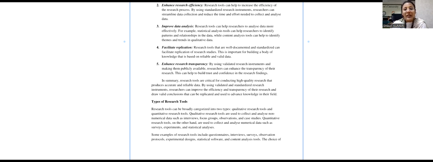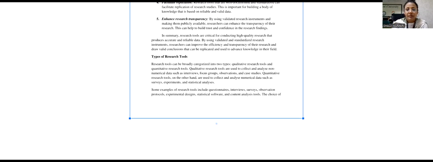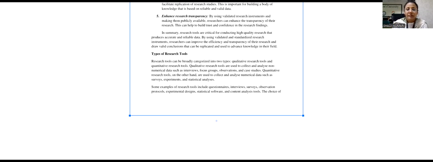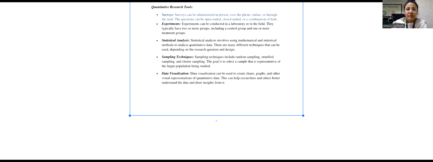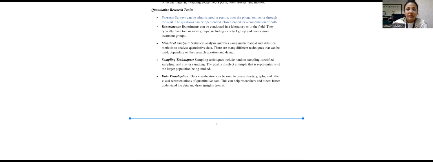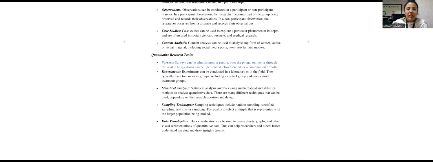For example, research tools include questionnaire, interviews, survey, observation, protocols, experimental design, statistical software, and content analysis tools. Then observations.